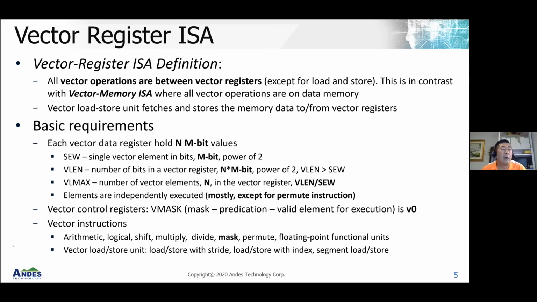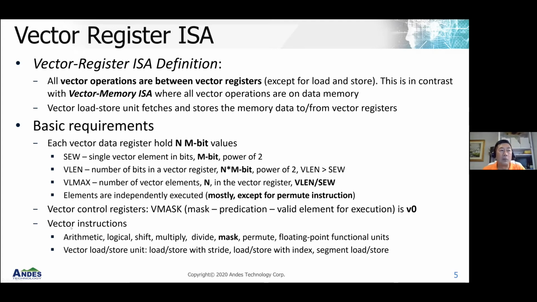We also have a vector control register called a mask. The mask is basically a predication: we have a 1-bit mask for every element to indicate whether to update the element or not. We use vector register 0 for the mask.